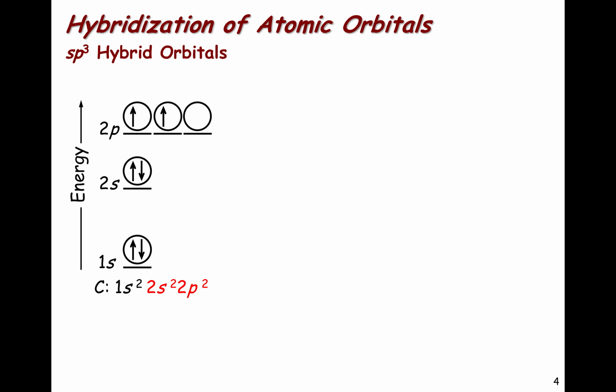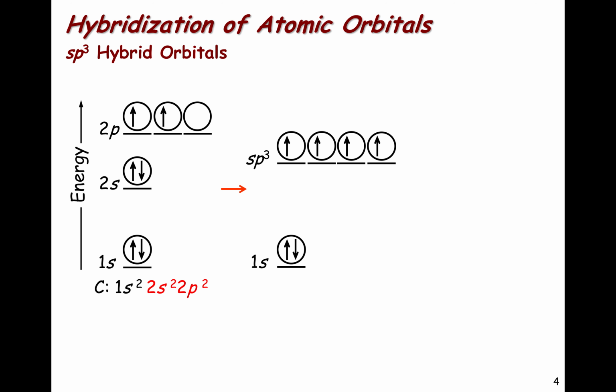In order to make 4 bonds, we need 4 unpaired electrons, so we're going to promote one of the 2s orbital electrons up into the empty orbital of the 2p, and this will then cause a slight stabilization of the p orbitals as they form the hybrids, and a slight raising of the energy of the s orbital, so that we end up with 4 equivalent sp3 hybrid orbitals, each containing 1 electron.